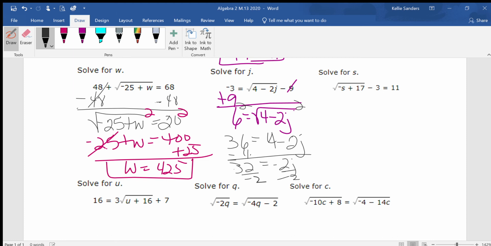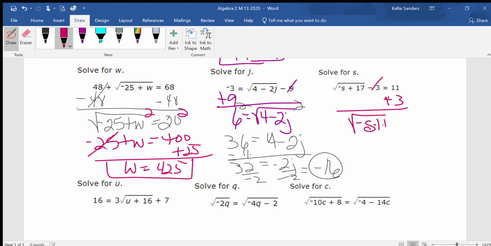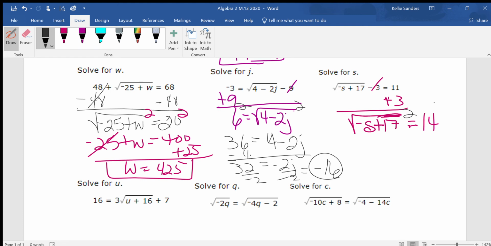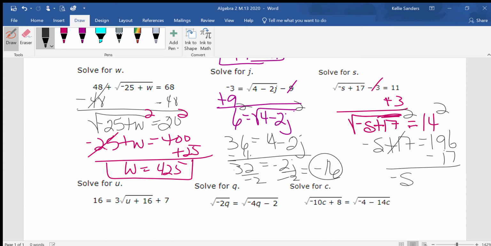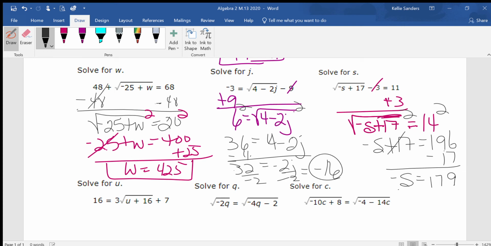Divide by 2, divide by 2, divide by negative 2, and you get negative 16. Add the 3. Square, square. 14 times 14 is 196. Subtract 17. Divide by -1 because S is not by itself yet.